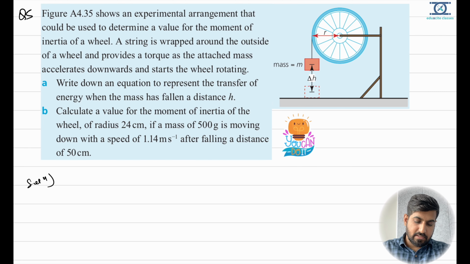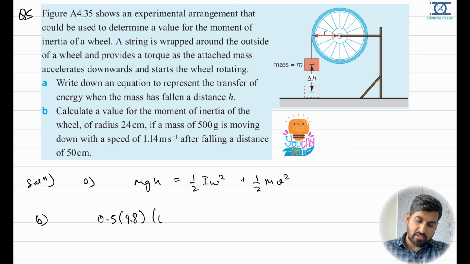Okay. So what I can say is mass is 0.5 times 9.8 times the distance that it has fallen, which is 0.5 meter, 50 centimeter is 0.5 meter. This is equal to half I, and we have to find out again v by r is equal to omega. So v is given to you as 1.14, square, upon 0.24.